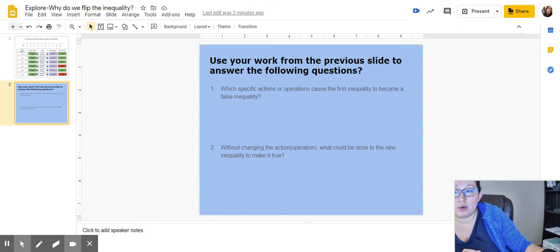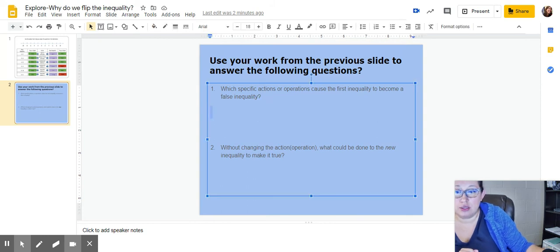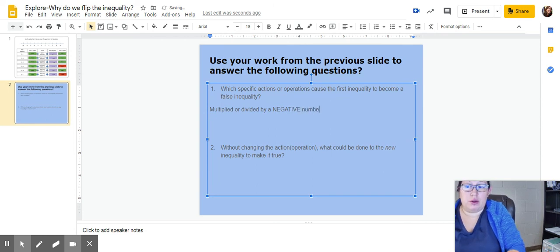Okay, so to summarize here, what specific actions or operations caused us to have a false inequality? Anytime we multiplied or divided by a negative number. Okay, so it's not just multiplying and dividing, but multiplying and dividing by a negative number.